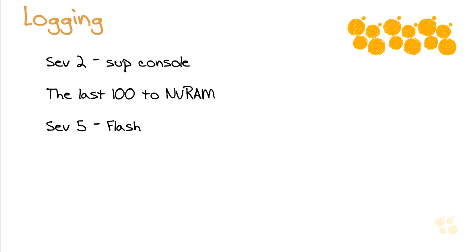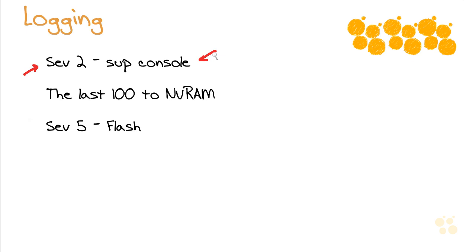For instance, on a lot of NXOS devices, you're going to have messages of a severity level of 2, which is critical, or lower, be automatically logged to the supervisor console.